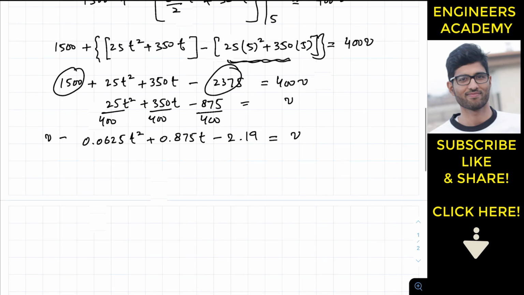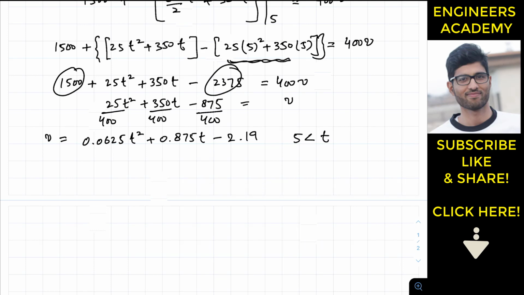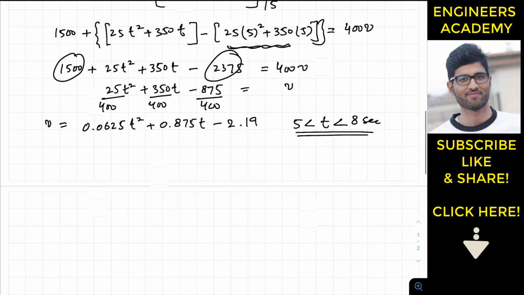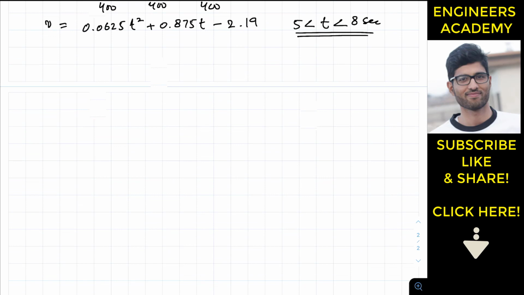So let me write that v equals this for the second interval, that is t greater than 5 seconds and less than 8 seconds. Now in the problem statement we were asked to find the velocity value at t equals 8 seconds. So we have to put that value in this equation.